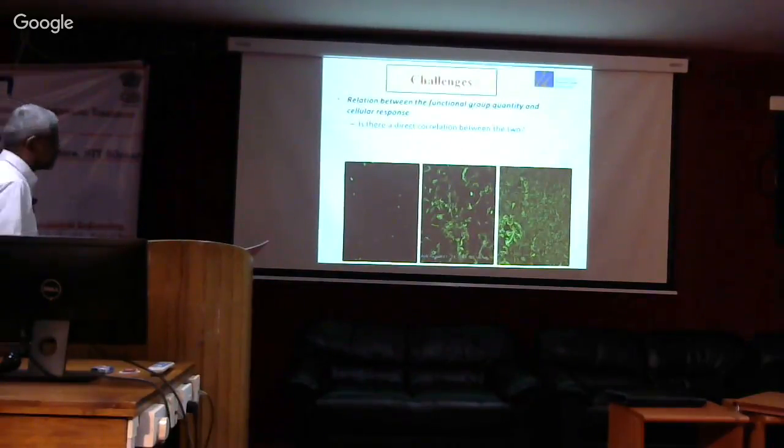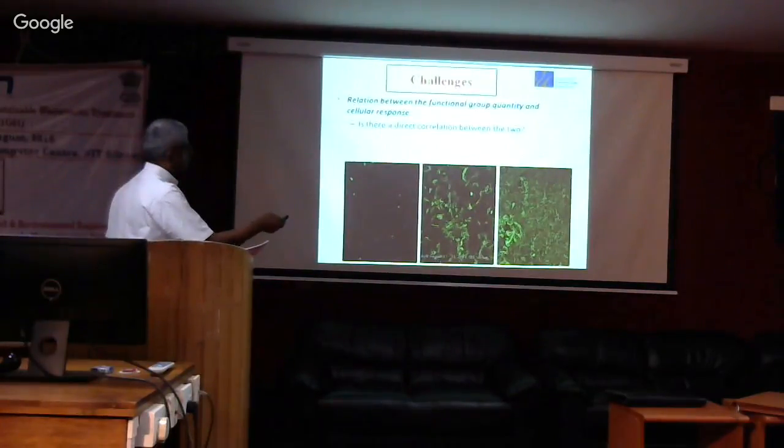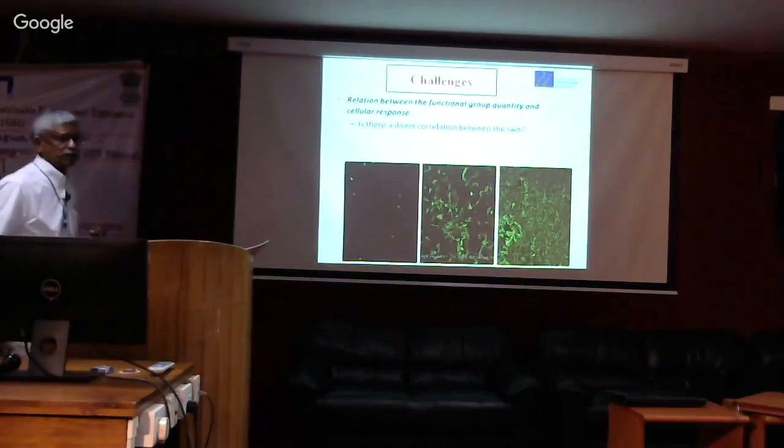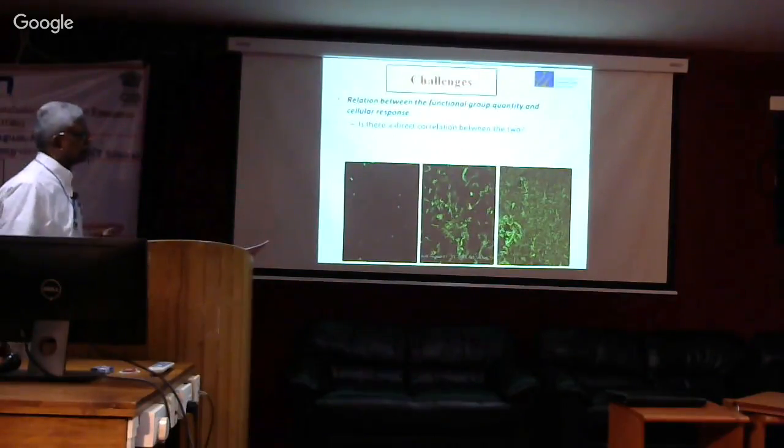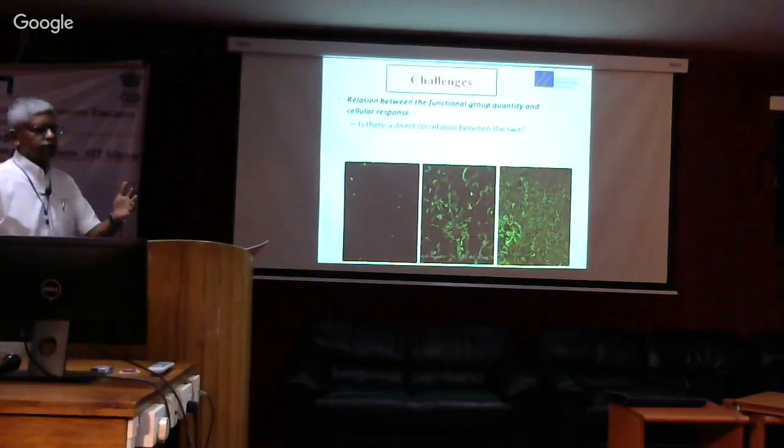But the question is, is there a direct correlation between the functional group density and cellular response? In other words, if I can put 2 milliequivalents per gram of functional group, I get a certain cellular response. If I increase it to 4, would the cellular response be double?